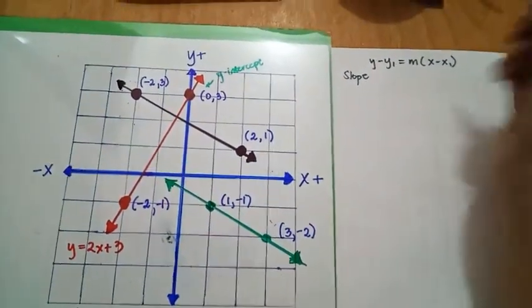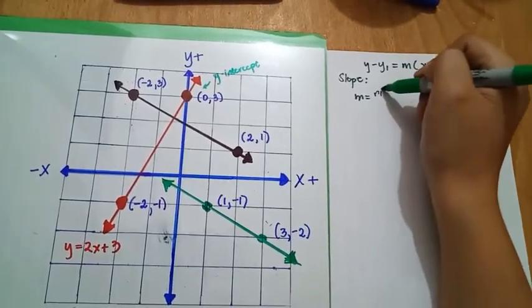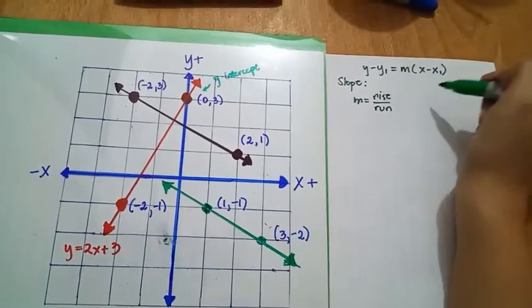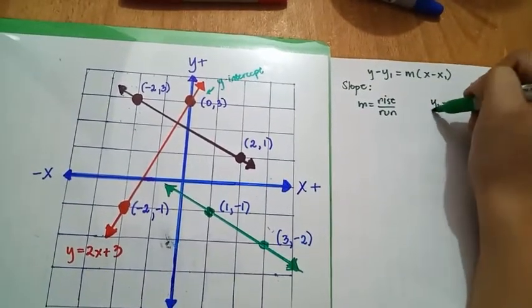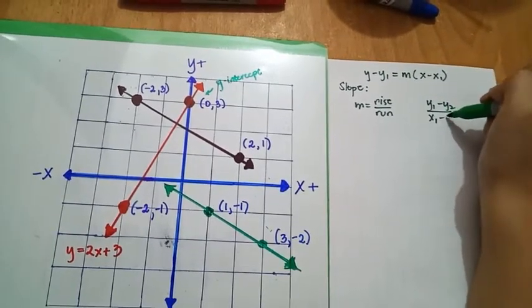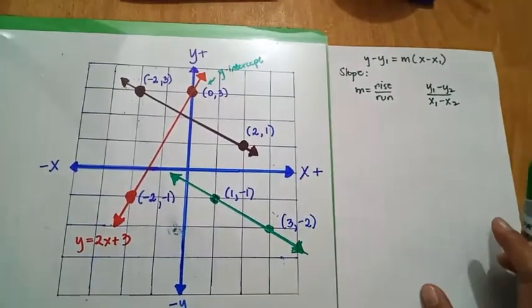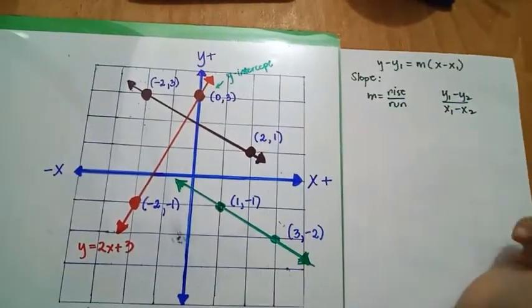Ang gagawin natin, pwede tayong magbilang ng rise over run. Or pwede rin naman yung formula na y sub 1 minus y sub 2 over x sub 1 minus x sub 2. You may do both for you to be able to ensure na tama yung iyong slope.